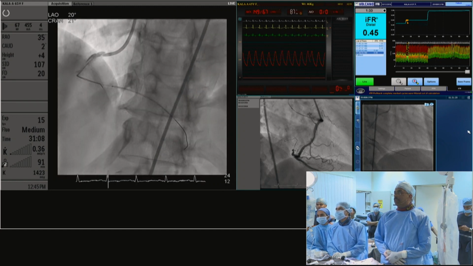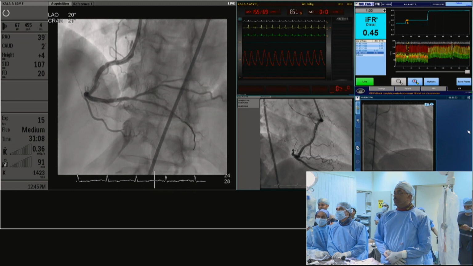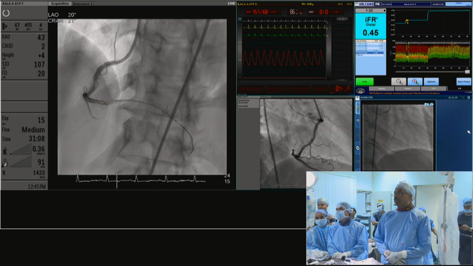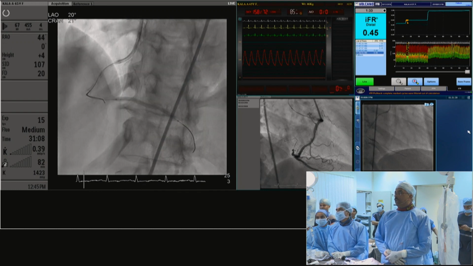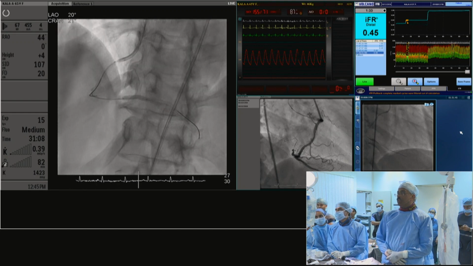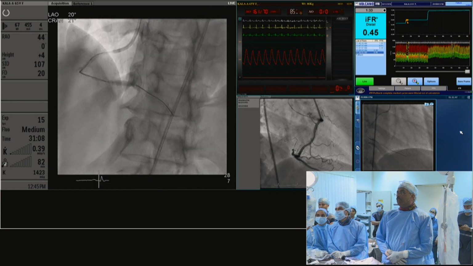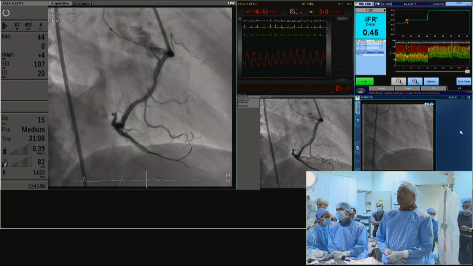We pulled it back, positioned this whole thing. We are pretty happy with that. Dilated the stent, and post-dilated with a 2.5 through the stent and a 3.0 proximal to the stent.